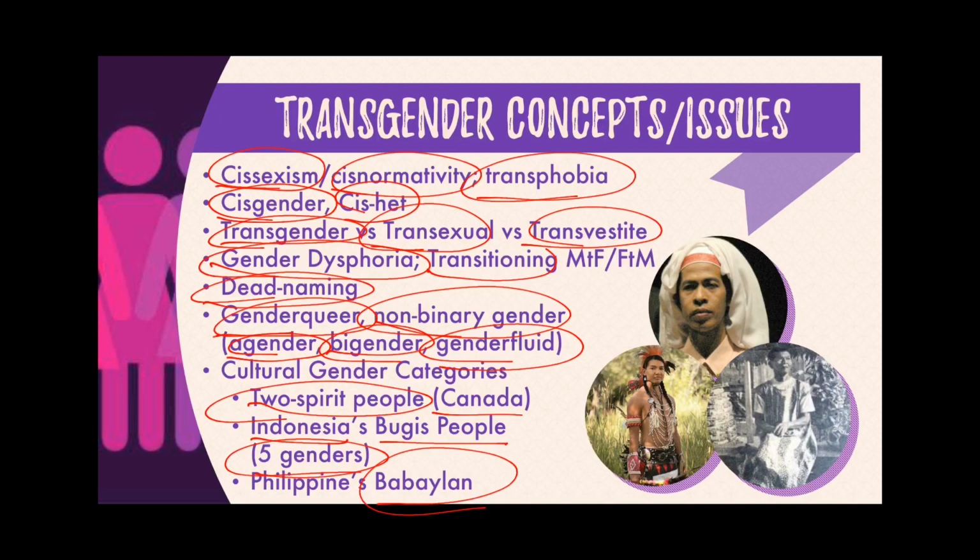And because we had been colonized and socialized into the Christian and American way of living, suddenly these identities were slowly erased from our roots, and they were replaced and discriminated against because of that.